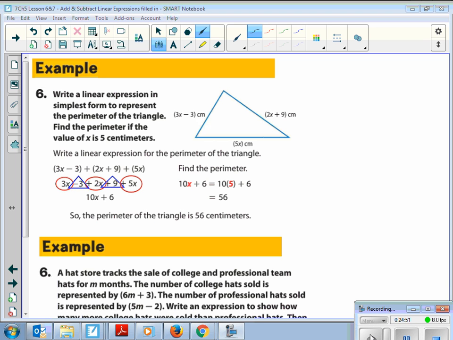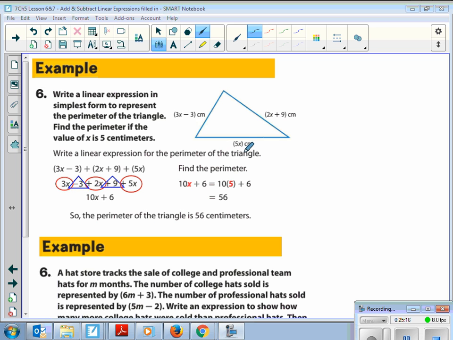And then we want to find the perimeter if the value of x is equal to 5 centimeters. So perimeter is just adding up the whole distance around, right? So here we're going to add 3x minus 3 plus 2x plus 9 plus 5x.